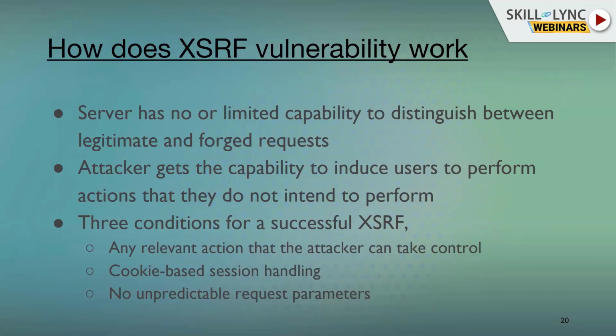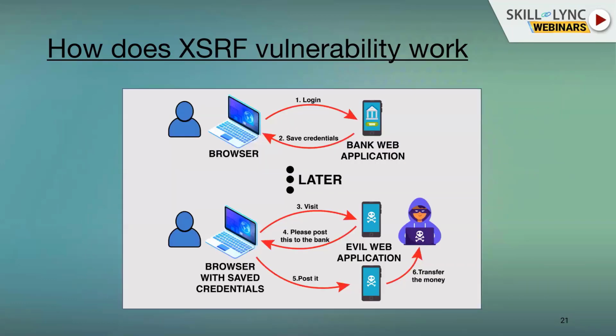say you have a mobile app, and that is a banking web application, and you try to log in using your credentials. What will happen is those credentials are sometimes saved in your cache.